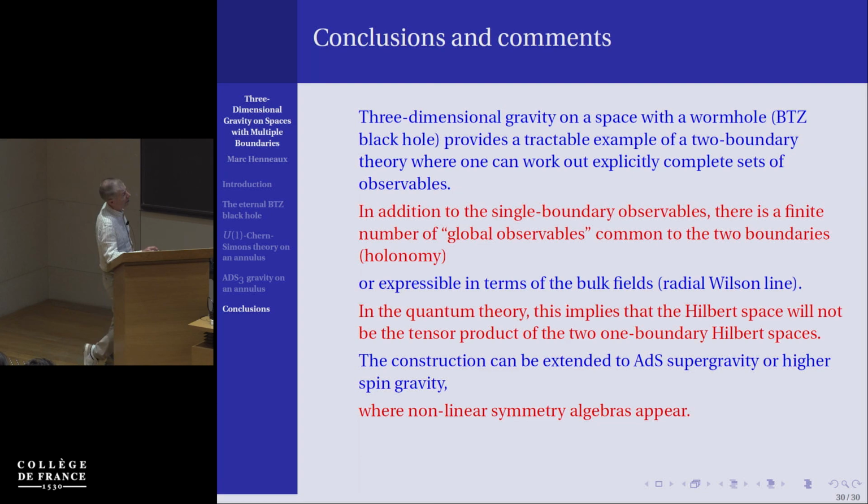In these cases, if you have sufficiently many supergravities, and if the spin is higher than 2, you will find that nonlinear terms appear in the asymptotic algebra. So there is a level of technical complication, but the idea is always the same, and the construction works exactly along the same conceptual lines as what I have presented. So with this, I will close.